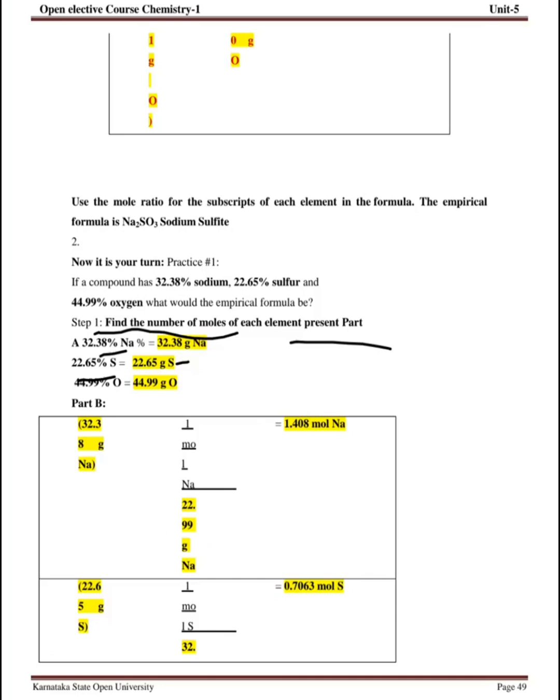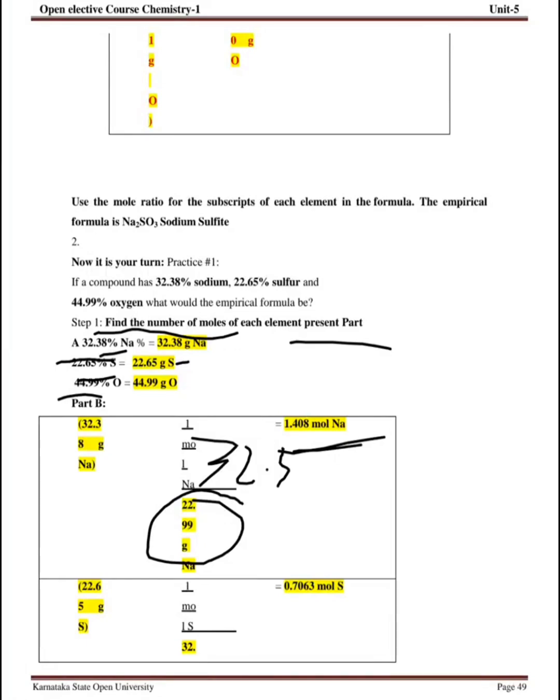For the same, the atomic weight 22.9 is for sodium, so percentage divided by atomic weight: 32.38 divided by 22.9. You will get 1.408 moles of sodium present in the given mixture. That is how to calculate the number of moles.